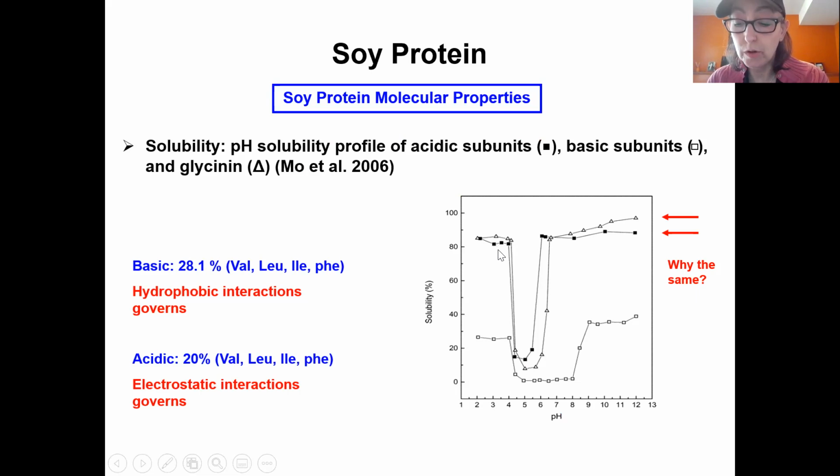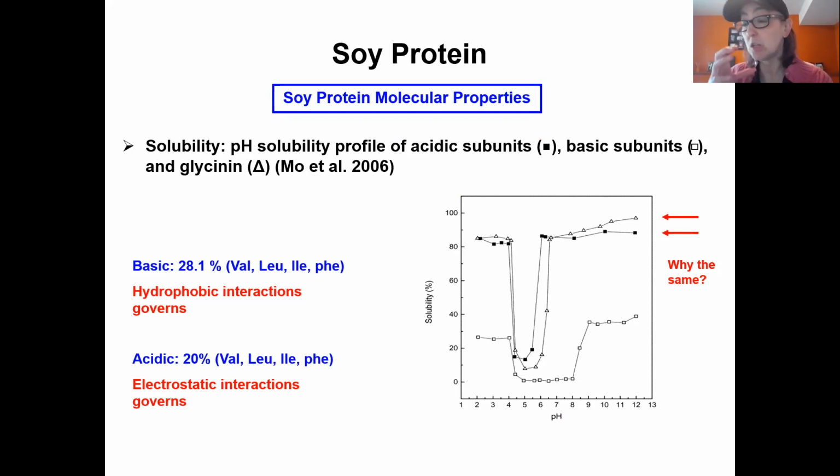But if you remember what I said earlier, at a particular ionic strength, even at low ionic strength, on the surface of the protein you have dominancy of the acidic subunits. So acidic subunits are mostly dominating the surface, where the basic subunits are mostly in the core due to the high percentage of their hydrophobic groups.